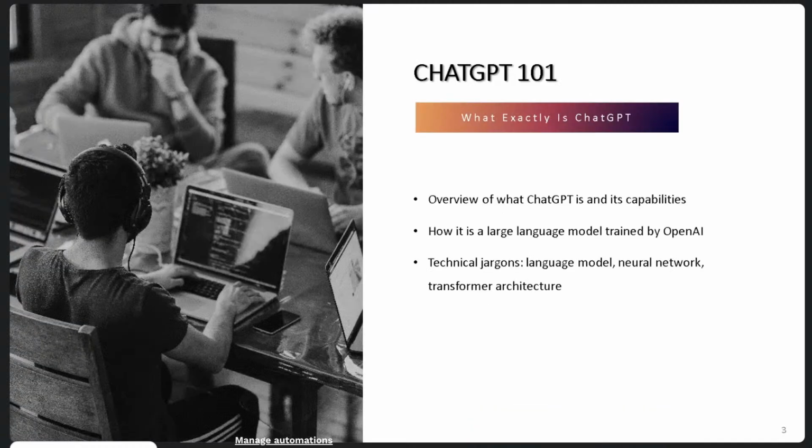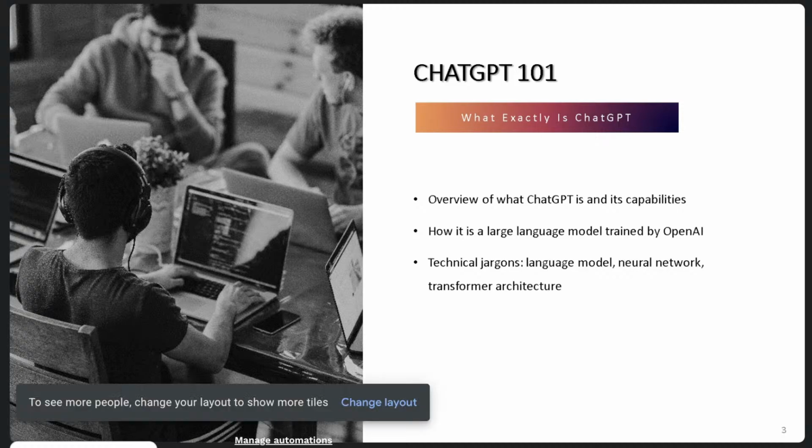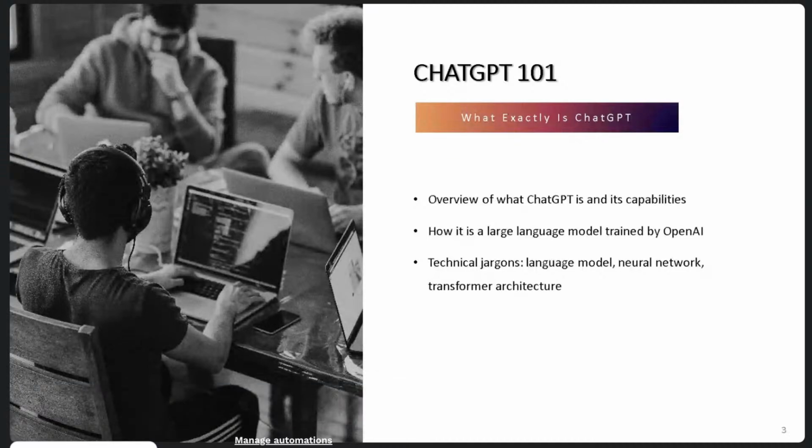So what exactly is ChatGPT? ChatGPT basically is a language model developed by OpenAI. OpenAI is an open source company that deals in artificial intelligence, mostly sponsored by Microsoft. OpenAI developed ChatGPT based off one of their GPT models, which is GPT-2.